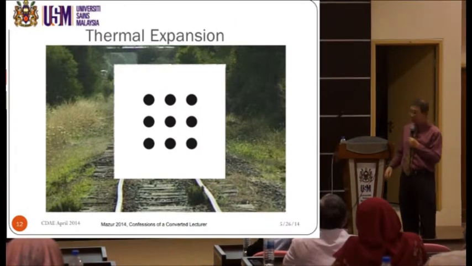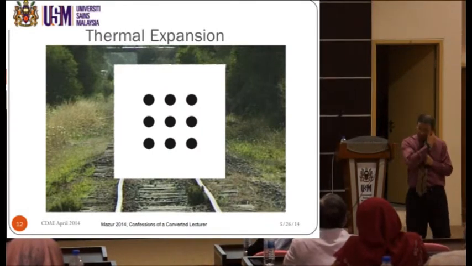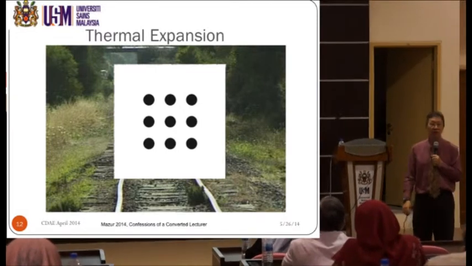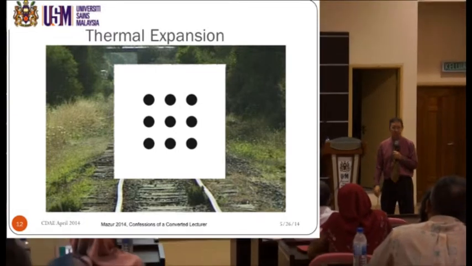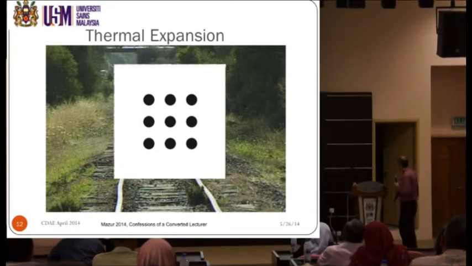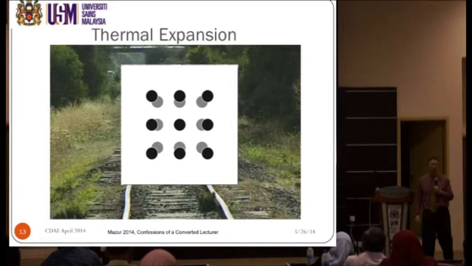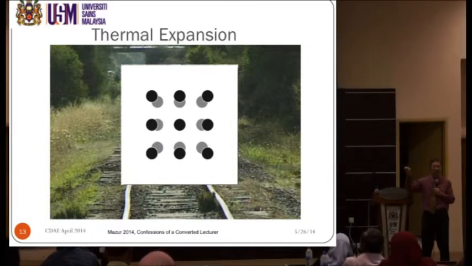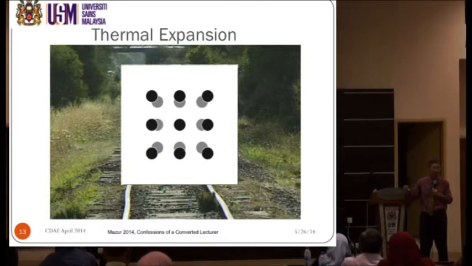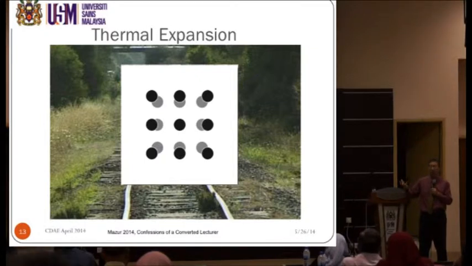Now, if you were to consider the molecules within the metal, this is how they look normally. Okay? What happens when you heat it up? Of course, the atoms, the molecules in there expand when it gets heated up. They are not stable at a certain orbit, they go to a higher orbit.